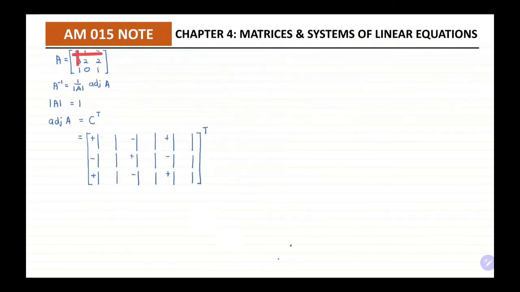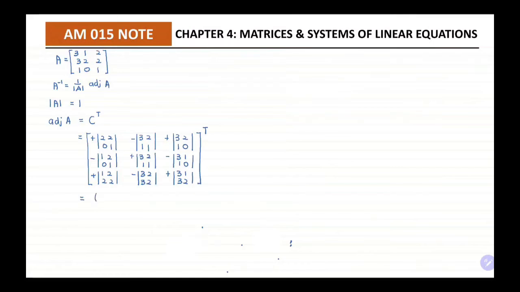So we get 2201, 3211, 3210, 1201, 3211, 3110. Then next 1222, 3232, and last 3132. Okay, next we solve the minor, AD minus BC.